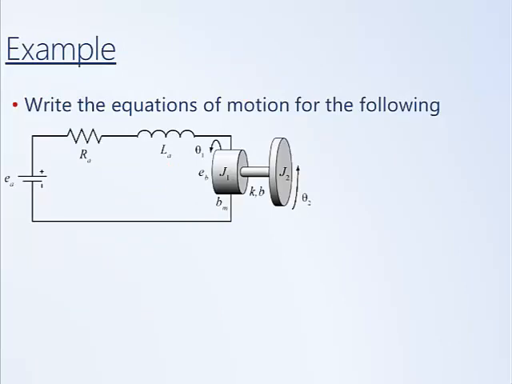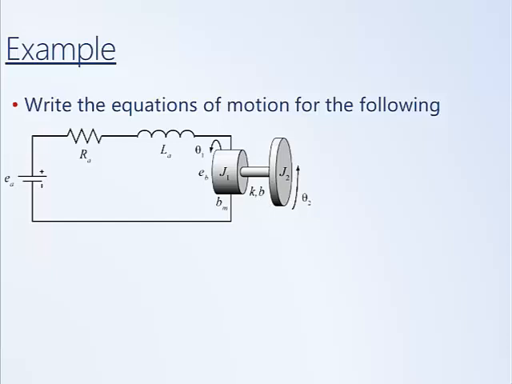Here's another modeling example with a DC motor. So here we have a DC motor with an armature circuit and rotor inertia J sub 1 and friction B sub m. And the output of the motor is connected to another inertia, a load inertia J sub 2, via a flexible shaft with stiffness K and damping B. And we want to write the equations of motion.